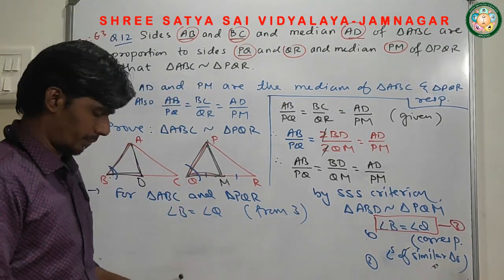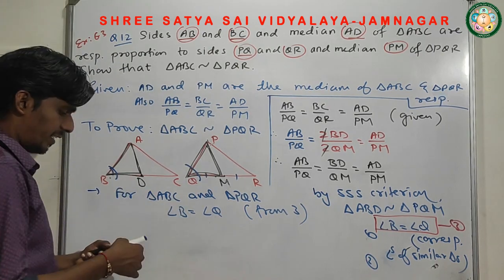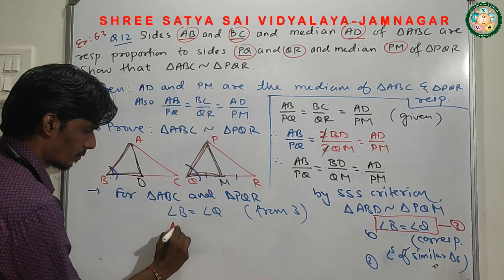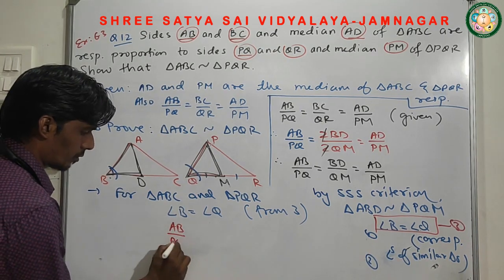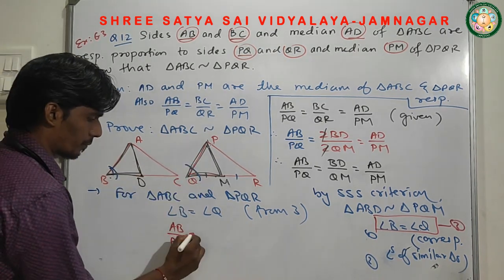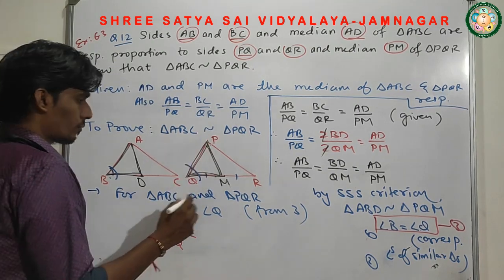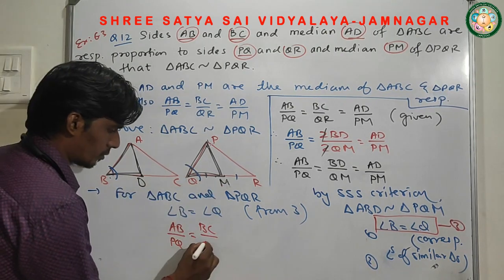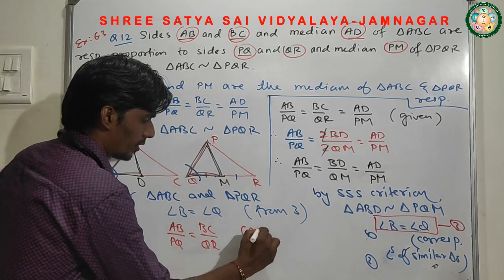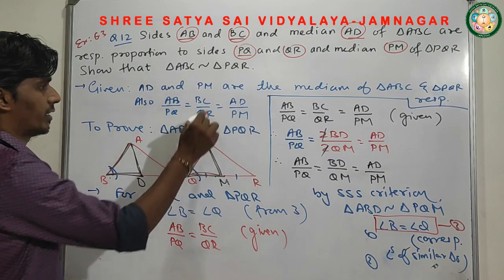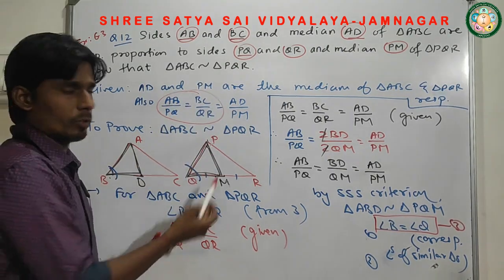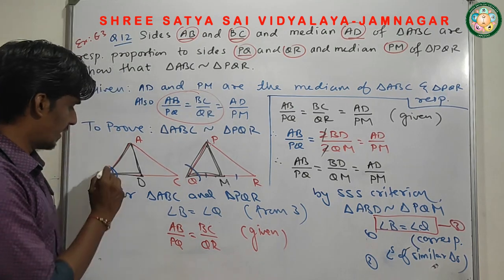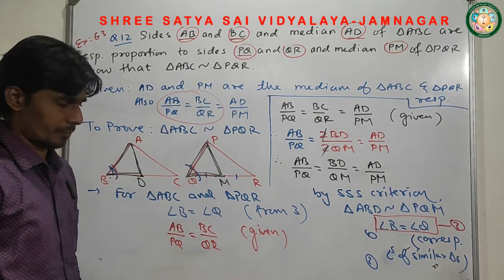And sides are in ratio given already, that AB upon PQ is equals to what? BC upon QR. From where I got this? It's given in the question itself. AB upon PQ is equals to BC upon QR. So these two sides are in proportion, and the included angles is also equal.